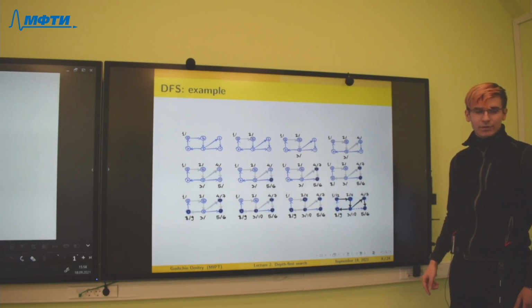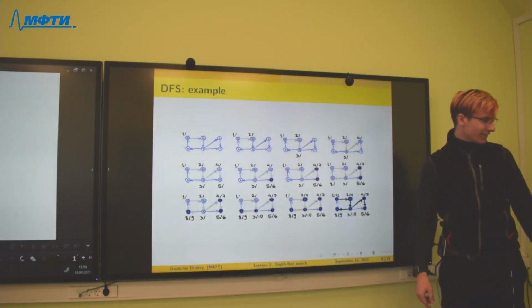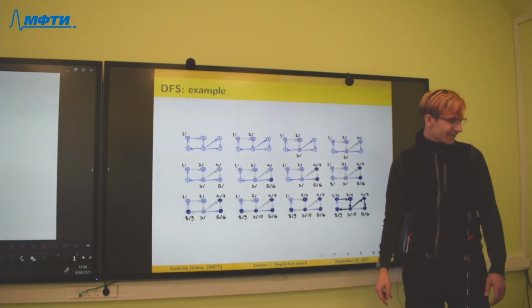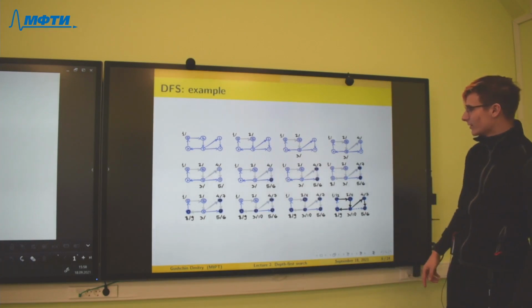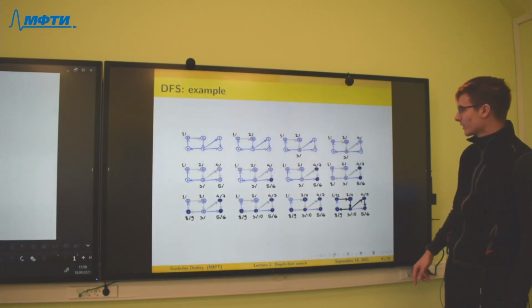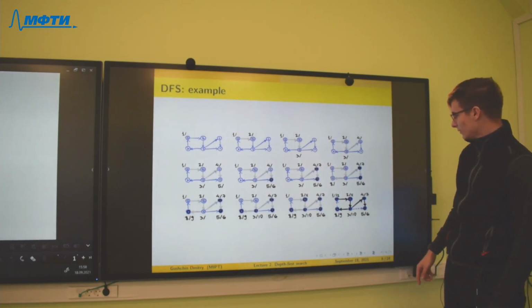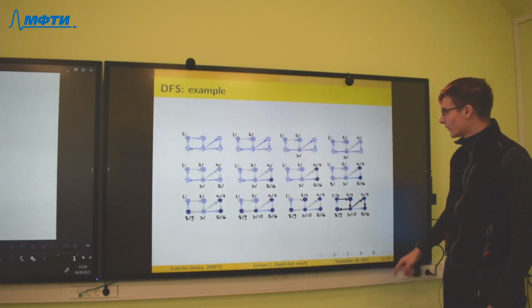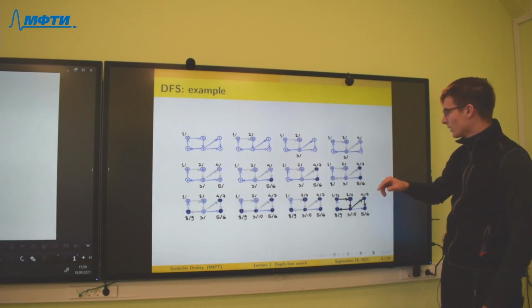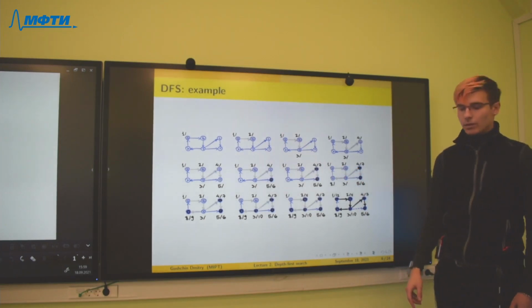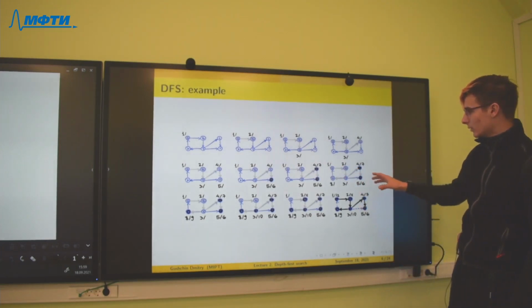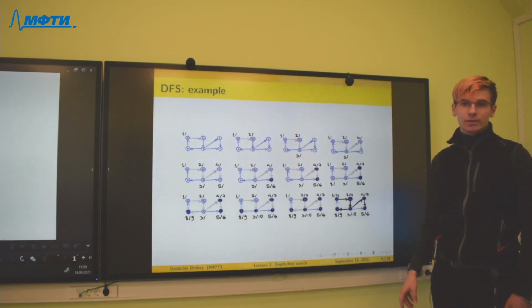So to stop our algorithm and not visit vertices that we have explored, we need to store this information in the node.